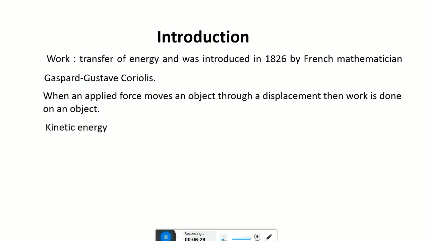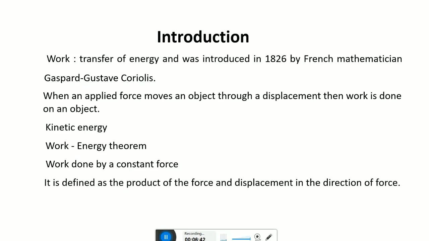Then kinetic energy. It is the energy due to motion. Work energy theorem. Work done by a constant force, which is defined as the product of the force and displacement in the direction of force.